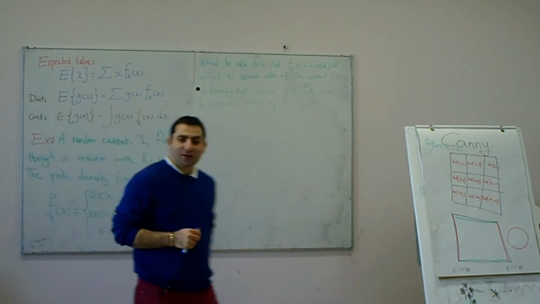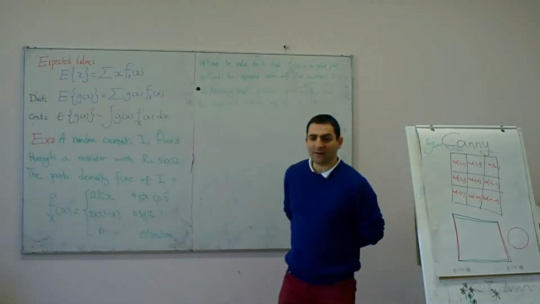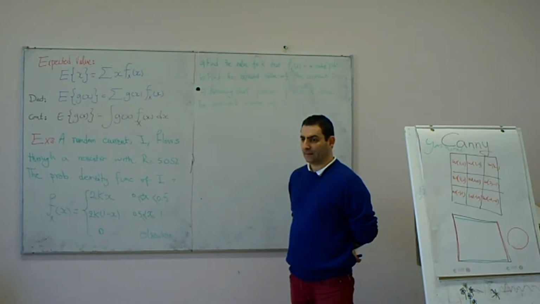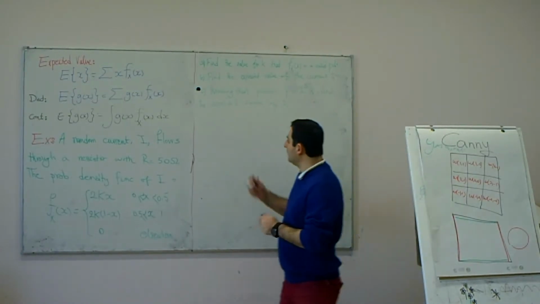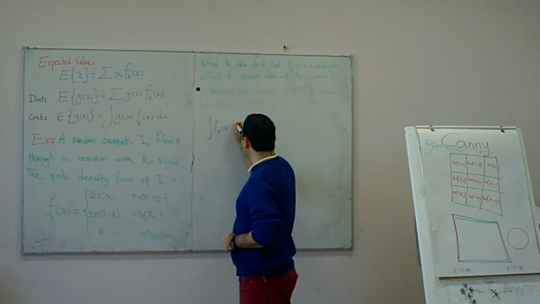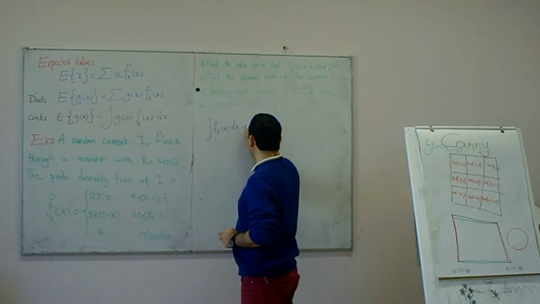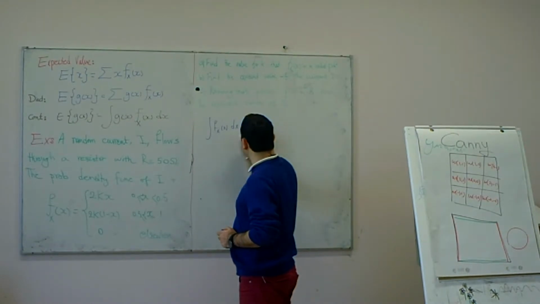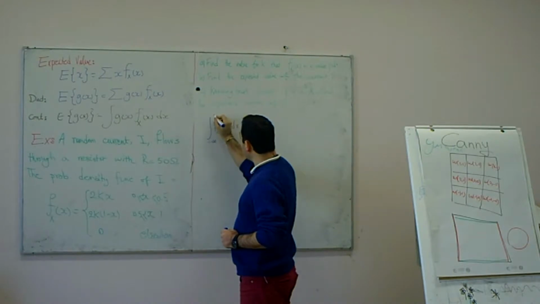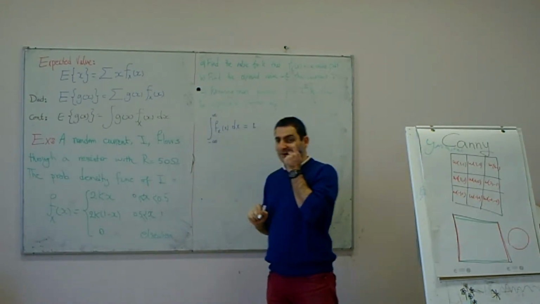In order to calculate the value of k, do you have any idea how we can calculate it? Yeah, we know that the integral of f(x) dx should be 1. What are the limits? From minus infinity to plus infinity.